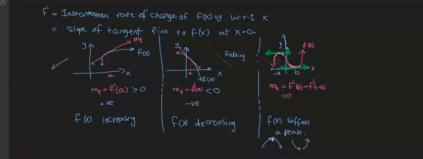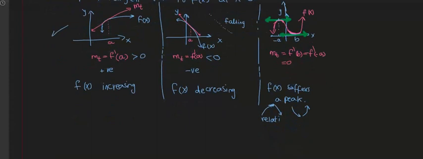So this point will act as a relative peak. What type of peak? If the function is increasing and then decreasing, it's a relative maximum peak. And if the function is decreasing followed by increasing, it's going to be a relative minimum peak. So it's going to be a relative minimum.